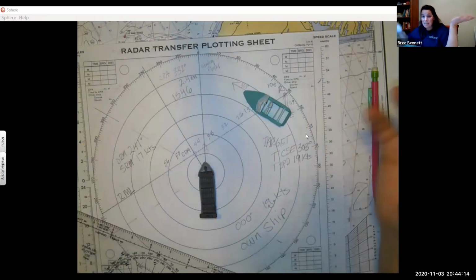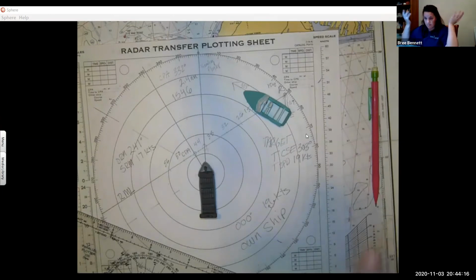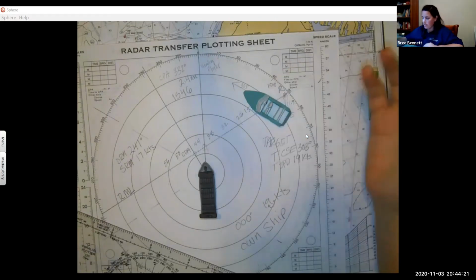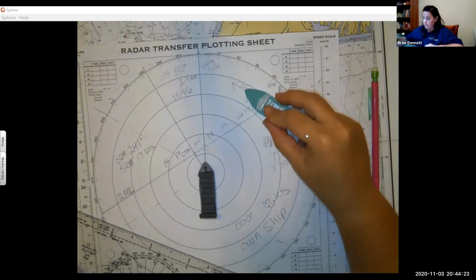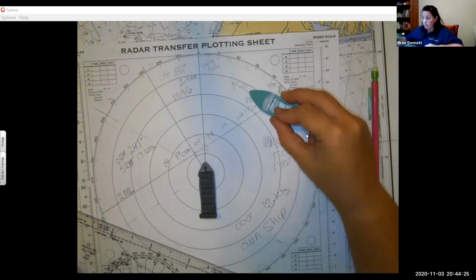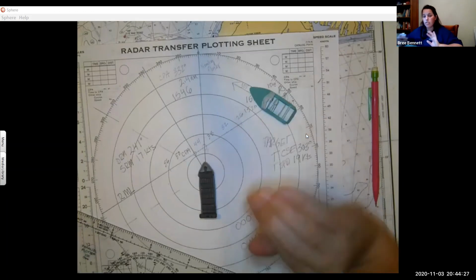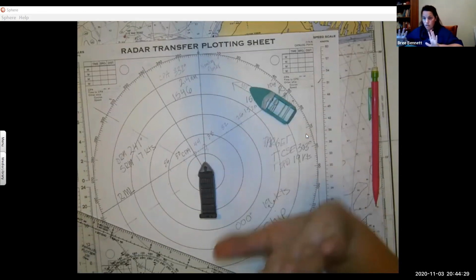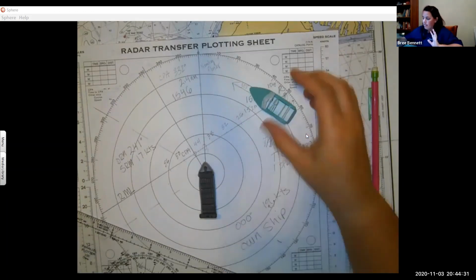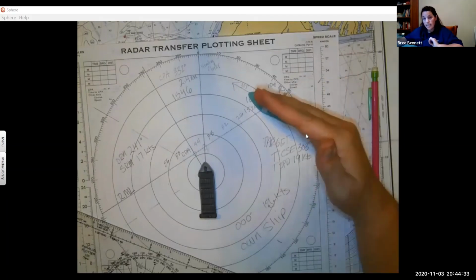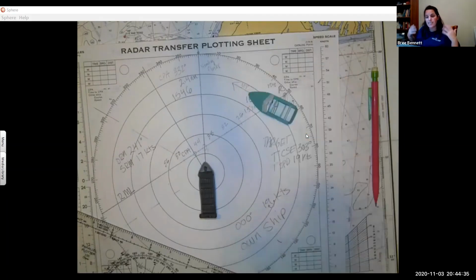Am I okay with that? Am I not okay with that? That's up to you, or your captain. Not a terrible CPA, but in this case, if 2.4 miles was too close for us, drawing our E to M line helps us identify the situation, right?